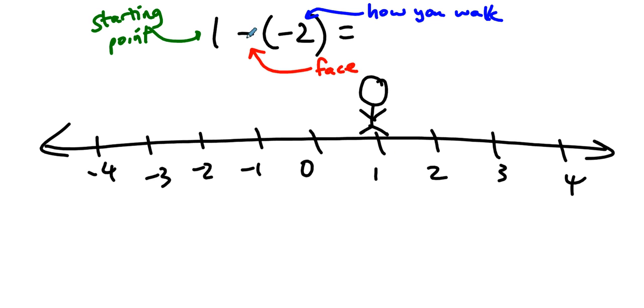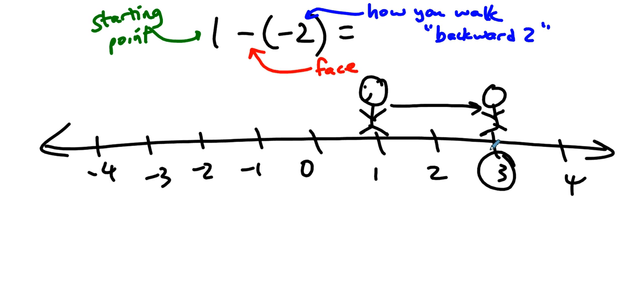We face the negative end of the number line. We're looking toward the negative end. How do we walk? In this case, we walk backward 2. And if we walk backward while we're facing the negative end of the number line, this is backward 2, end up here. 1 minus negative 2 is 3.